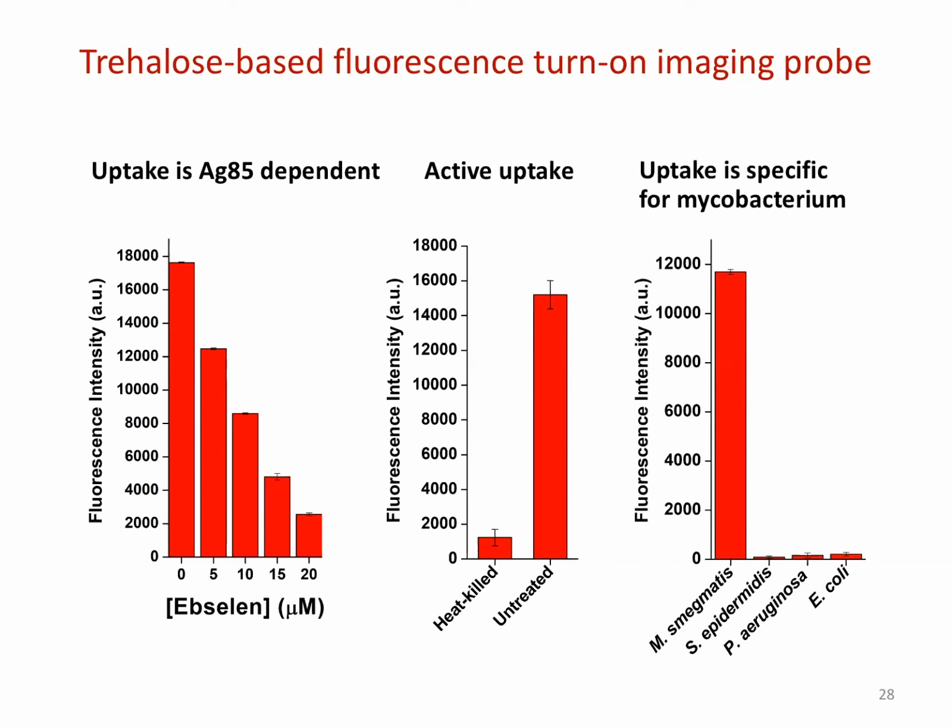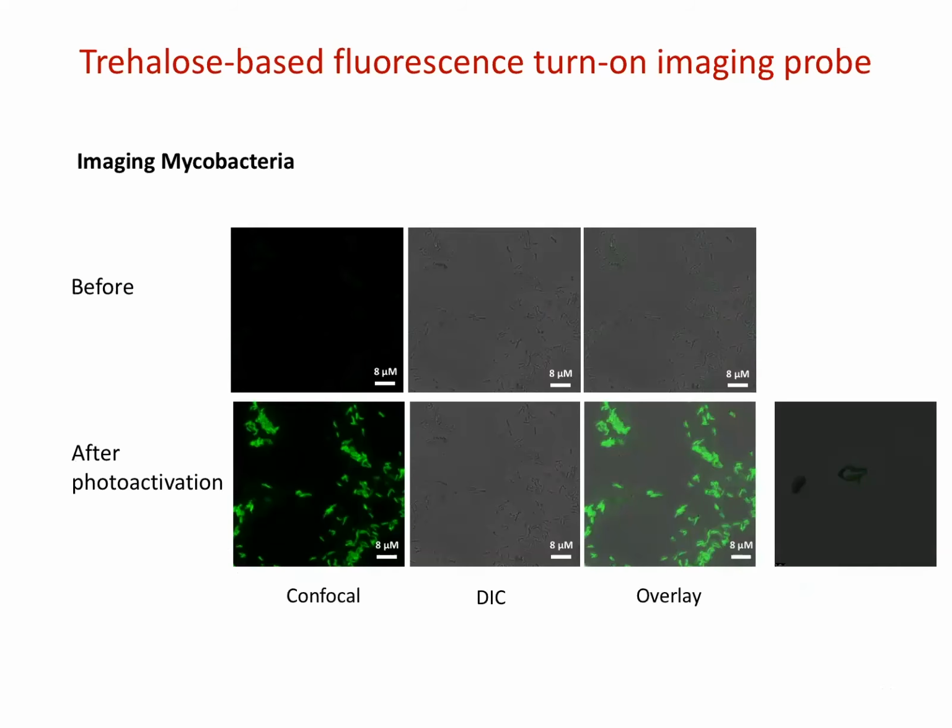So finally, I want to show you the imaging, the confocal imaging. These are still preliminary, not the most beautiful images, but it did show that the fluorescence turn-on can indeed be used to image mycobacteria.